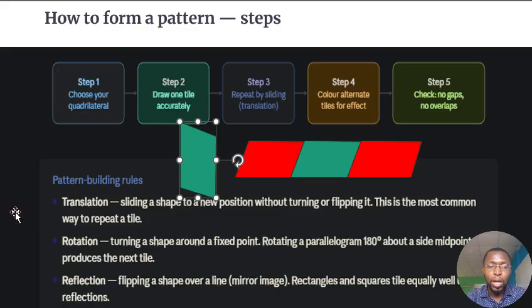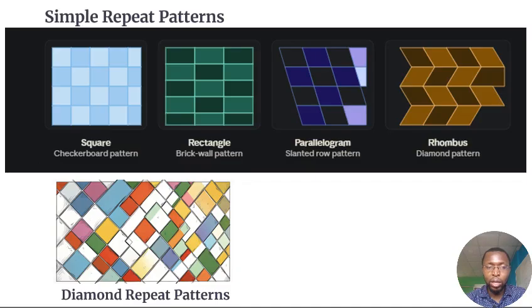So I must say that we can talk about other examples of pattern. This one is a square checkerboard pattern. You can see that each of them are square, and the colors are alternately drawn in the diagram. This is another one again. This is a brick wall pattern made of rectangles. You see that we have alternate painting. This is a parallelogram.